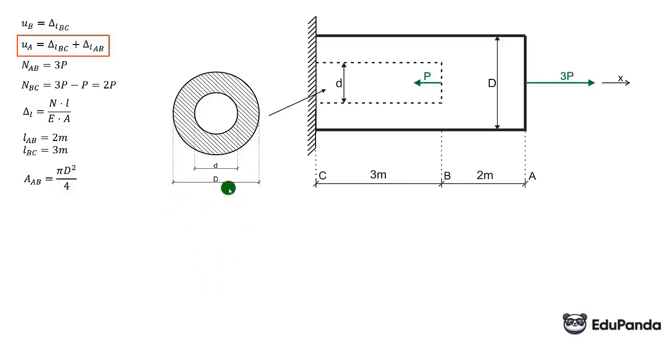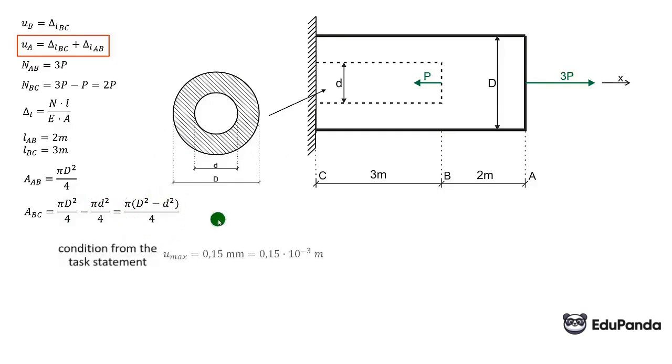The area of the ring will be pi big D squared over four. From the large circle, we subtract the small one, and we have the area of the ring. So pi big D squared over four minus pi small d squared over four. We can factor out pi over four and write it this way.